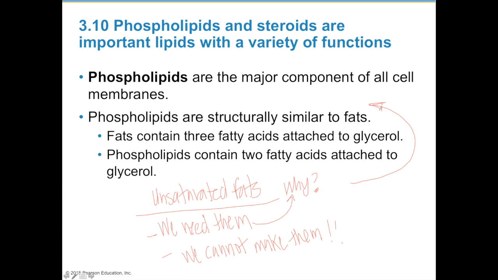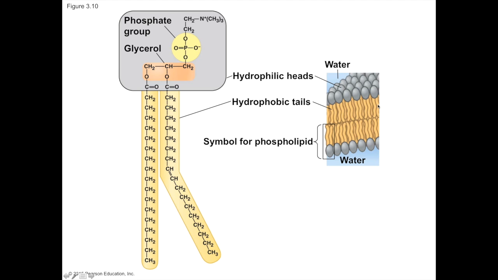That takes us right to phospholipids. Phospholipids are the major component of all cell membranes. They are structurally similar to fats. Fats contain 3 fatty acids attached to a glycerol, while phospholipids contain 2 fatty acids attached to a glycerol. This is a phospholipid.